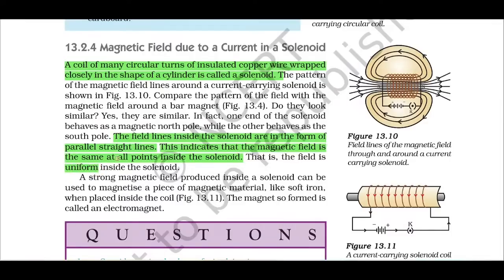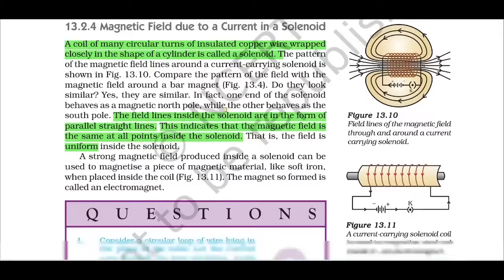So the solenoid behaves exactly as a bar magnet. The direction of the magnetic field lines is north to south outside the magnet and south to north inside the magnet. The solenoid behaves as a bar magnet when current is passed through it.